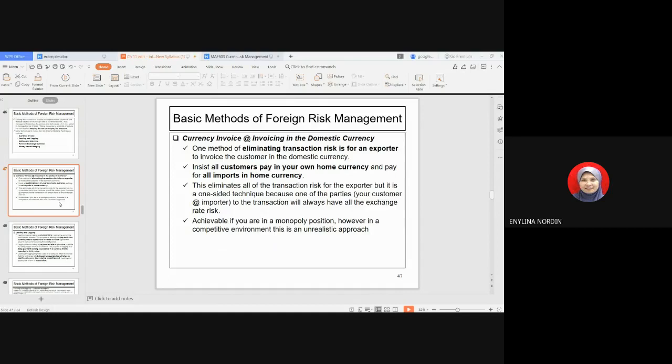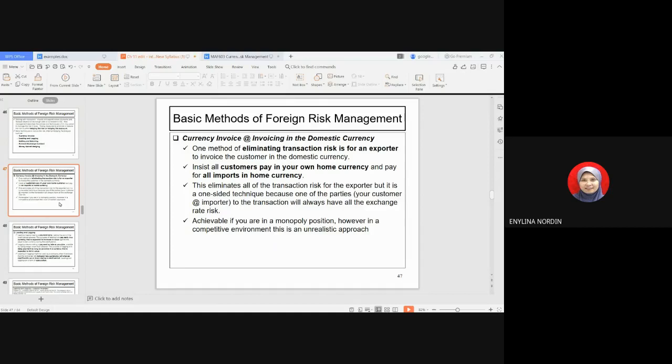In general, your company insists that all foreign customers pay in home currency. That means if your company is exporting goods or services to foreign countries, you require your foreign customer to pay in your home currency.